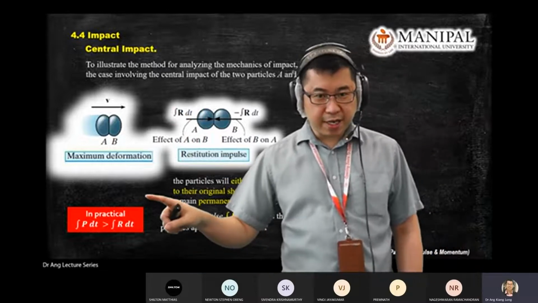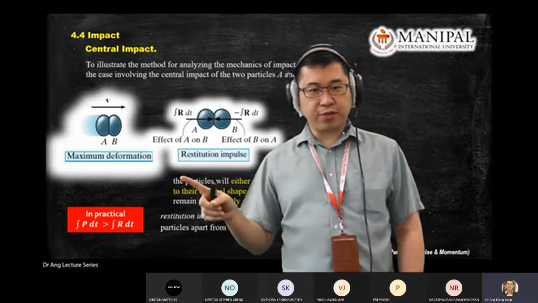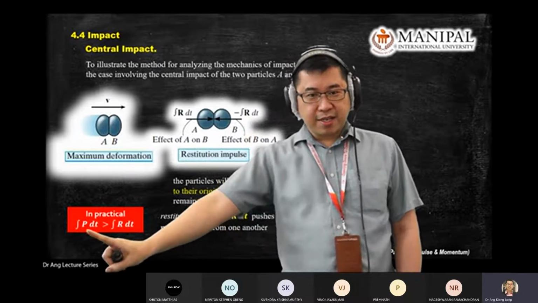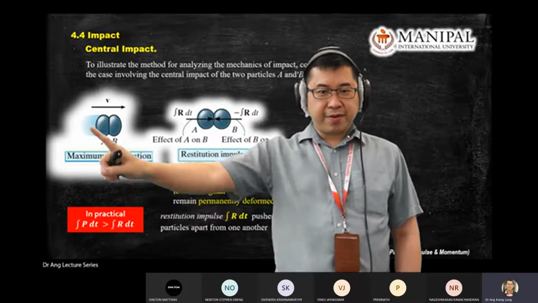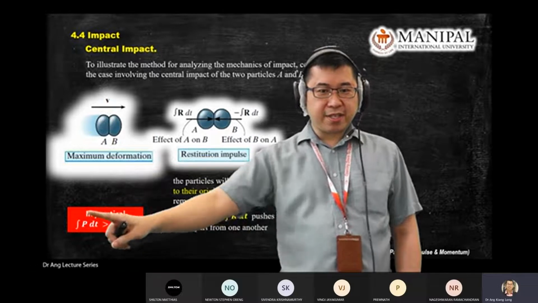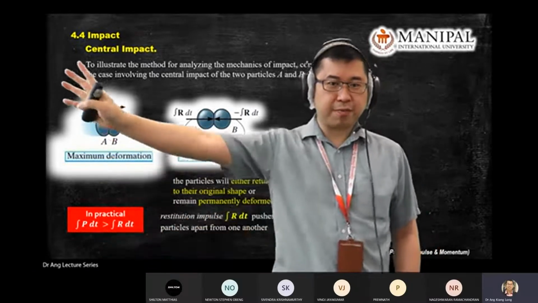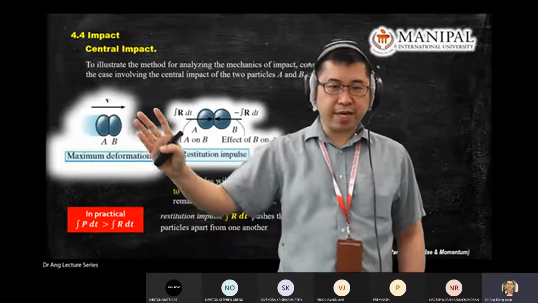But take note, after you graduate and calculate a practical case, bear in mind that P and R are not the same value. P will always be larger because it happens first, so the energy is still there.